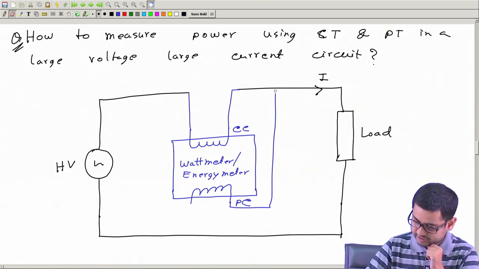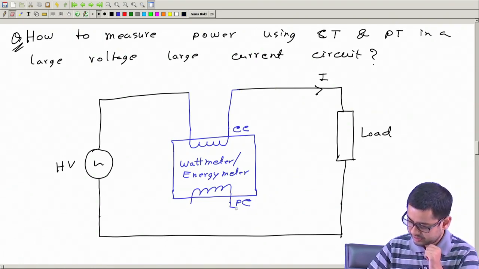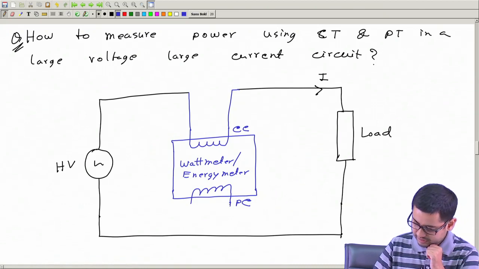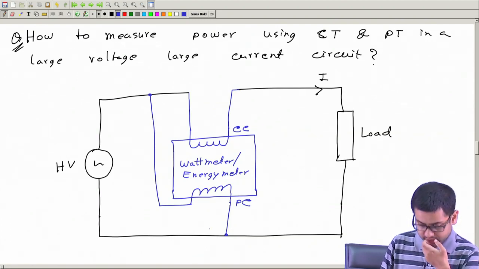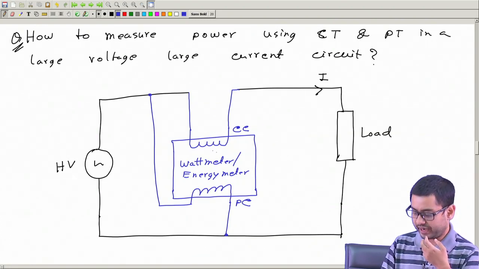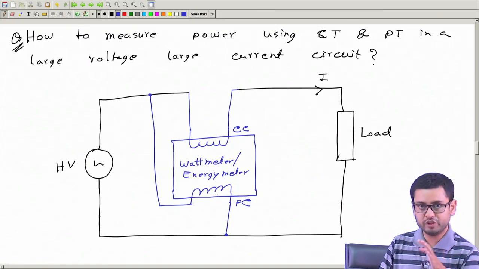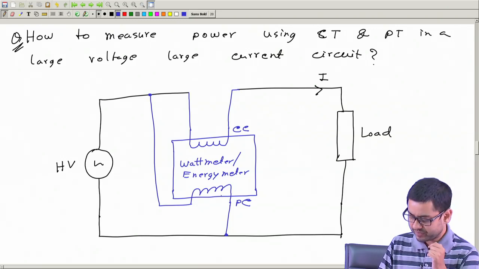So we may connect it this side or also this side, ignoring the small power loss in the current coil or in the pressure coil, which we discussed before in much detail. So ignoring that small error, this is how we connect.